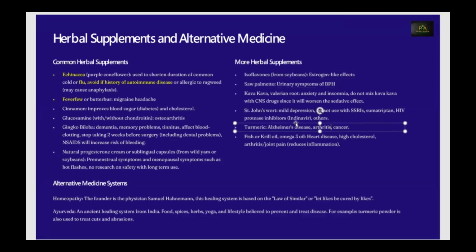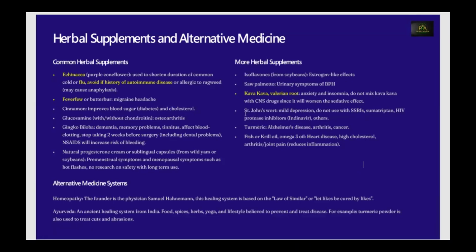And kava kava, valerian root. We use them for anxiety and insomnia, but you need to remember that you cannot mix them with CNS depressants. If you mix it with kava kava, you are worsening sedation. So it's like giving the patient an overdose.